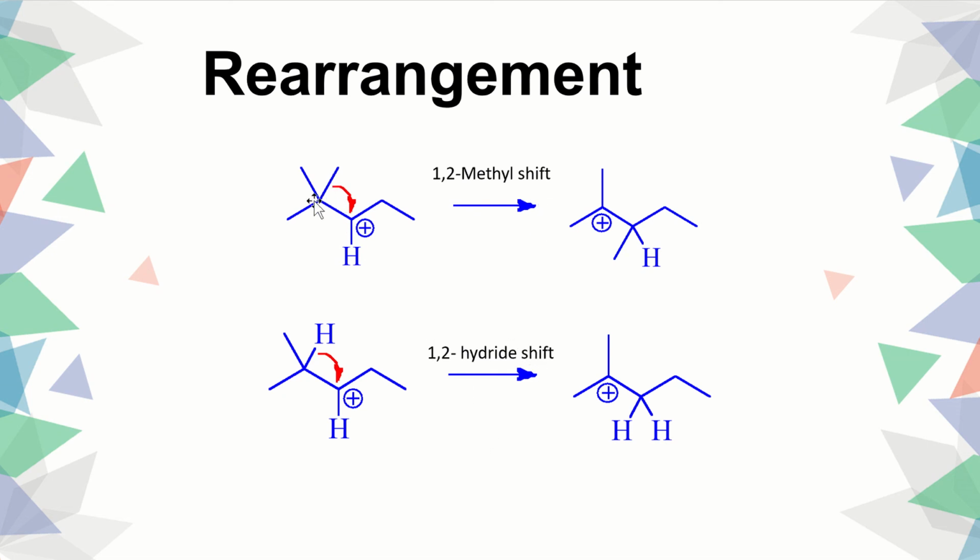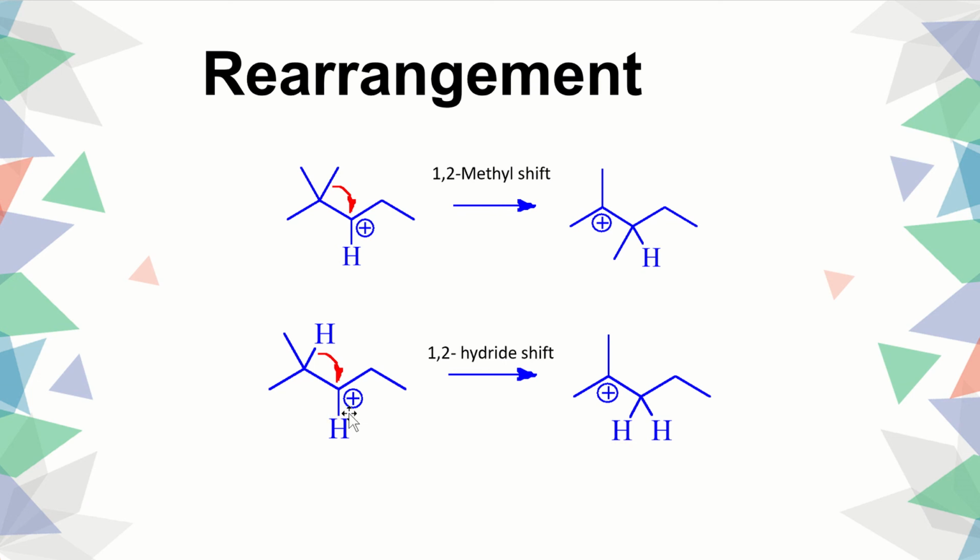So here we have a secondary carbocation, and to represent the shift we just draw an arrow from the methyl to this carbon, which suggests that the methyl group relocated to this carbon, and therefore we're going from a secondary carbocation to a tertiary carbocation, right? And that makes sense because we're increasing stability.